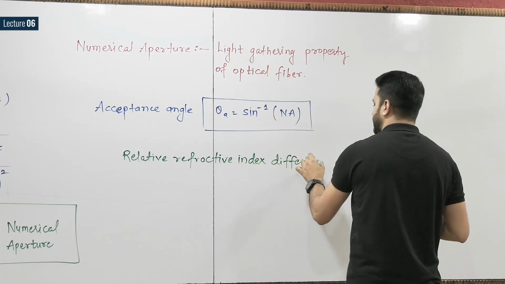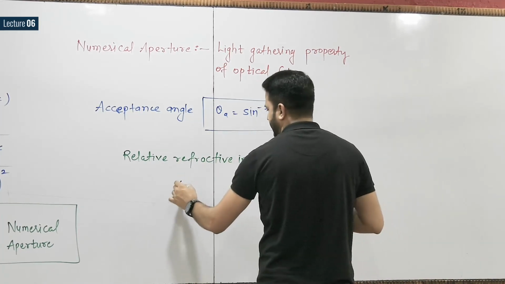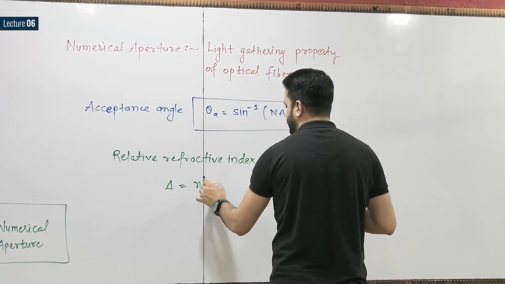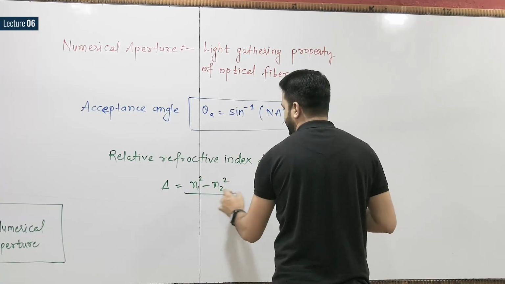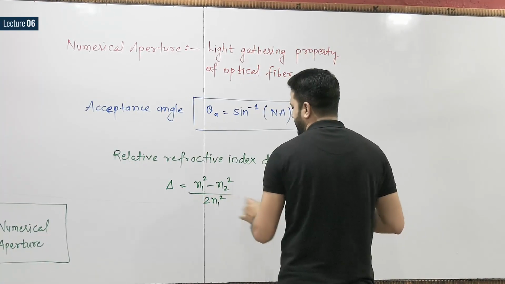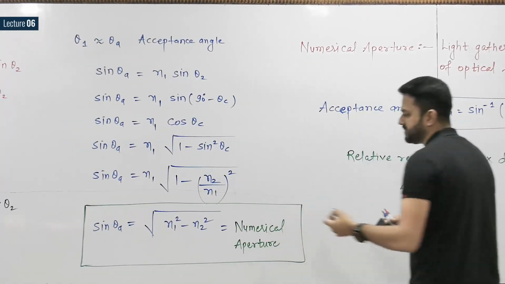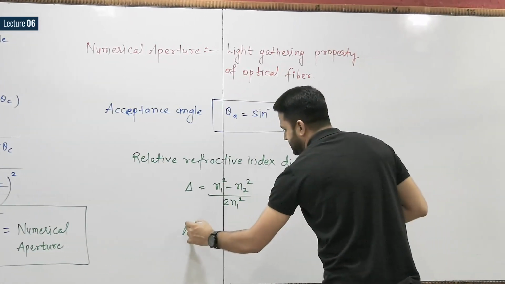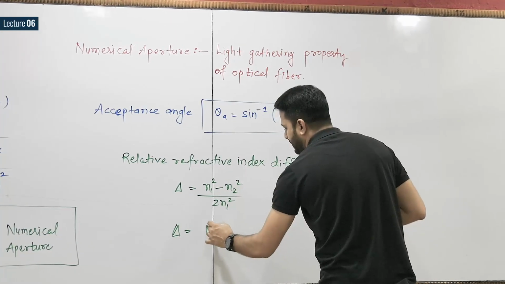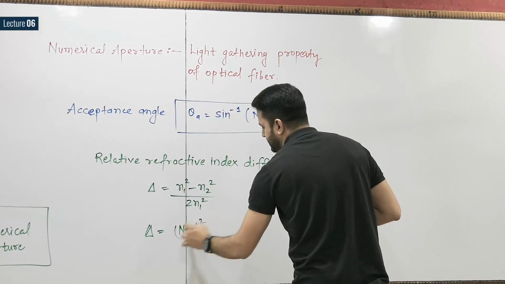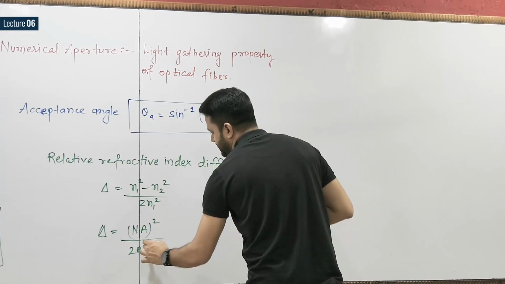It is denoted by delta and it is given by n1 square minus n2 square divided by 2n1 square, and n1 square minus n2 square, from here we can write, is nothing but the square of numerical aperture, over 2n1 square.